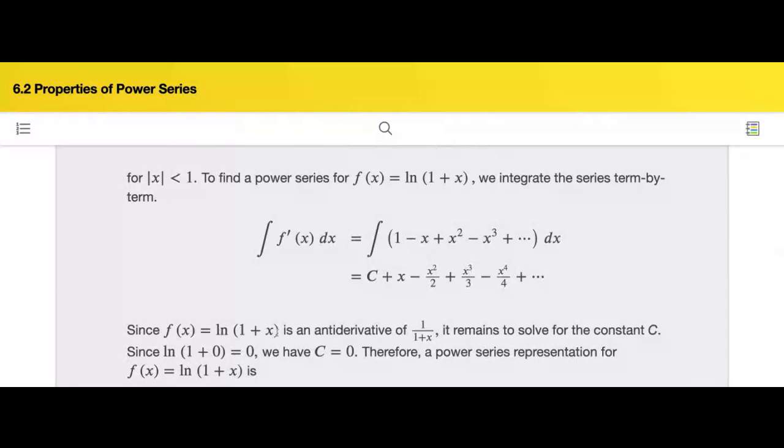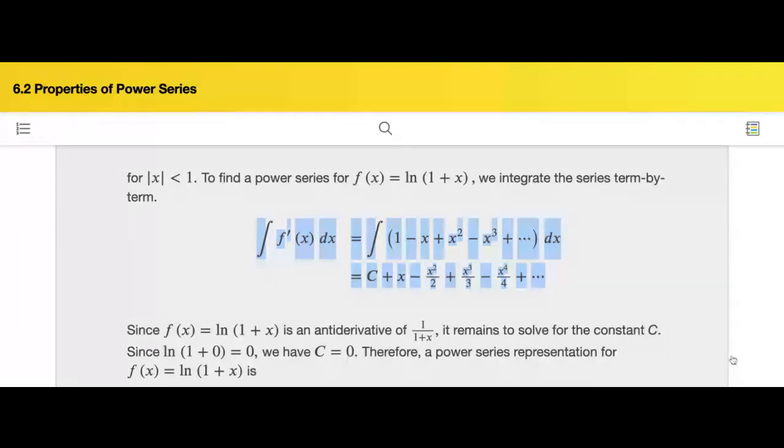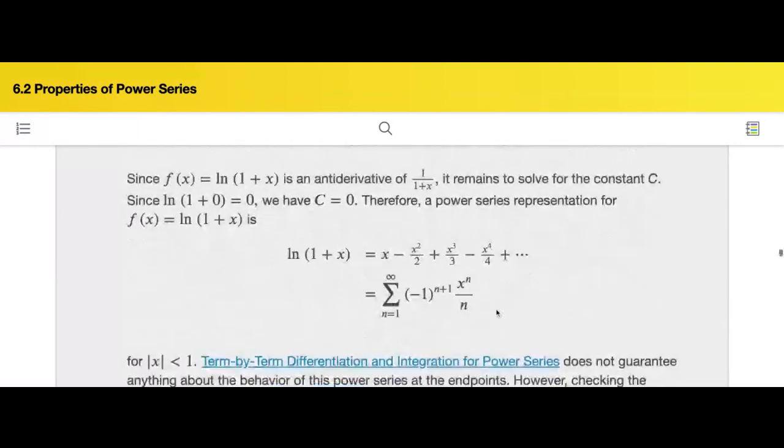ln of 1 plus x is the integration of 1 over 1 plus x, right? So this is the power series, and of course we can write it in summation signs, as an alternating series because the terms go from positive to negative, positive to negative.